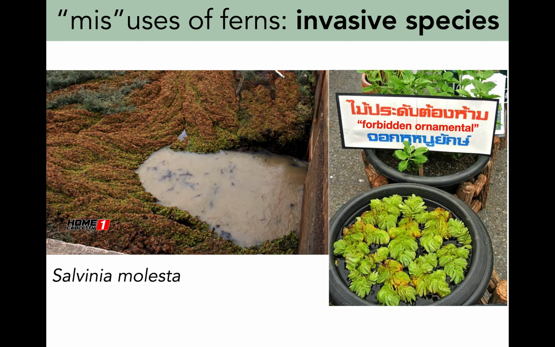Another example, not of use but of misuse of fern, is that some ferns like this big Salvinia molesta, once they spread into a habitat like the water in Thailand, they spread like crazy. This one is actually a forbidden plant. If you house them or grow them, you can actually be put in jail for spreading this invasive species, because you see from the name, molesta, it's molesting other plants. It covers the area quite quickly because it's huge and it has that hair.